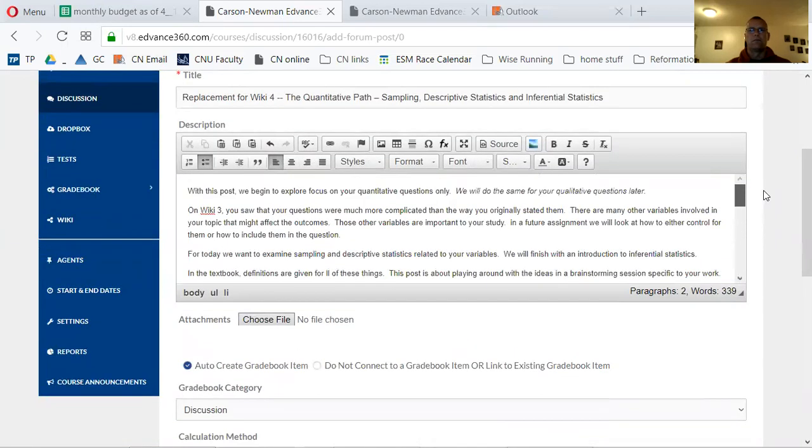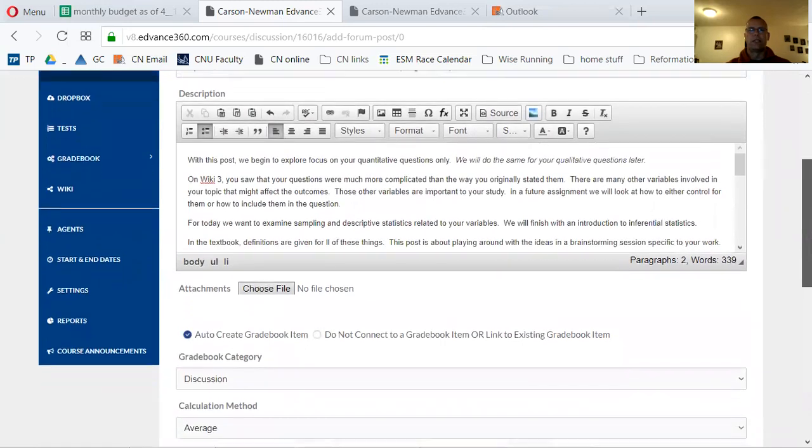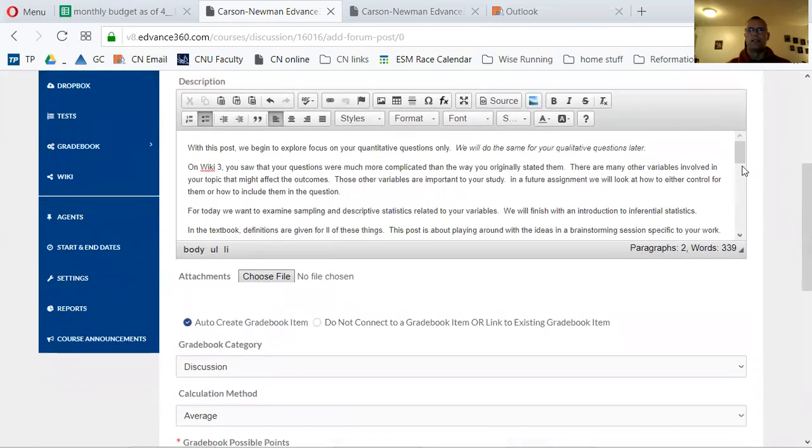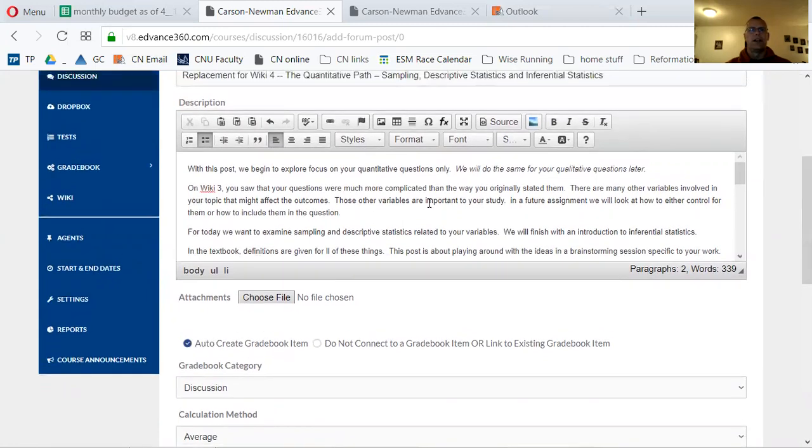Now, this is my view, but as we start to work on this, I wanted to just give you a little overview. We're looking at the beginning of descriptive statistics and a little introduction to inferential statistics.